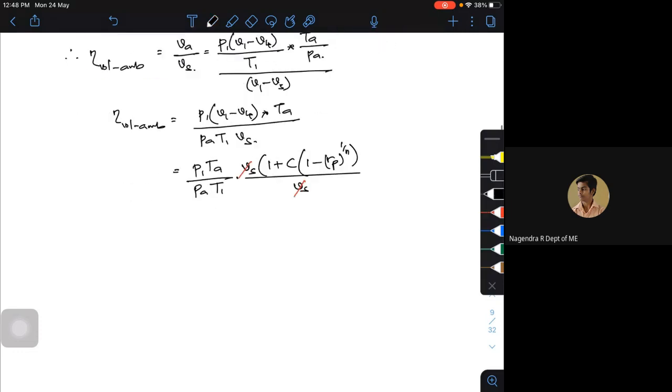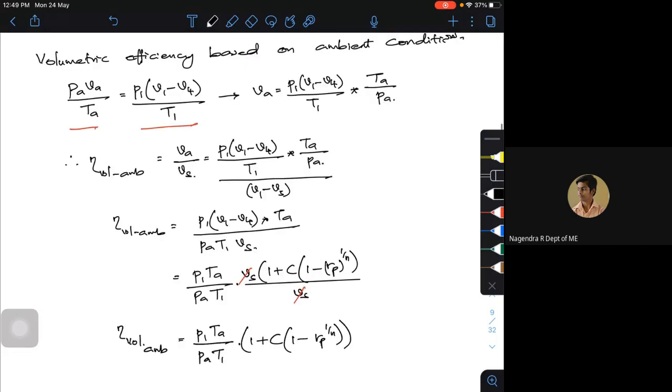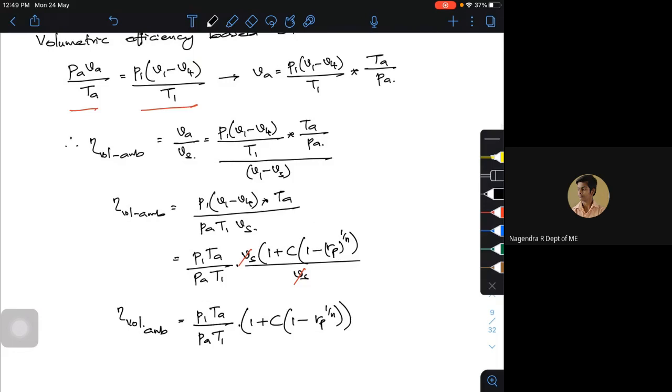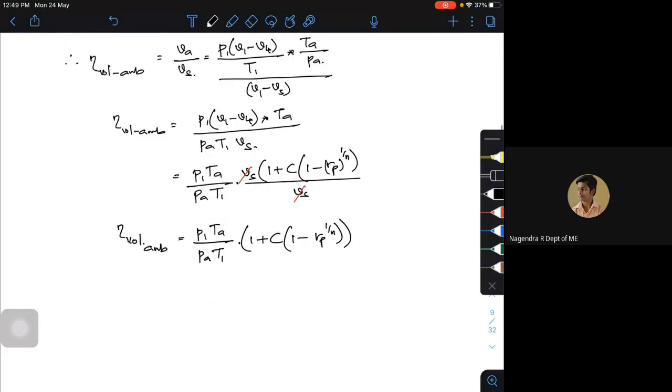So for the volumetric efficiency at ambient condition, the only extra thing I have to do is P1 into TA divided by PA into T1, into 1 plus C into 1 minus Rp to the power of 1 by n. I call this equation number 6.